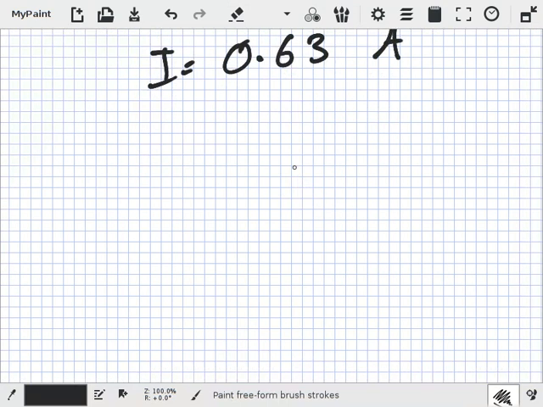Now I don't ask you this, but I'm going to ask you it now. We could also work out the voltage. How could I get the voltage? What formula would give me the voltage? Any idea? I could use this formula, P equals IV, because I know the power.